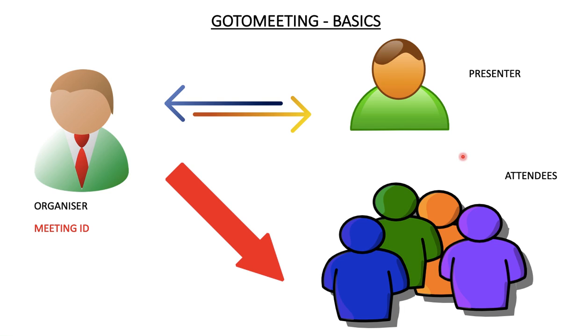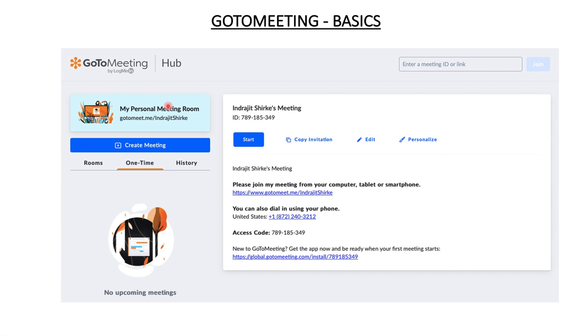So, how do you exactly schedule a meeting in this particular platform? So, this is basically the page where I get once I log in to my GoToMeeting account. So here you can see my personal meeting room, and here you could see an ID.